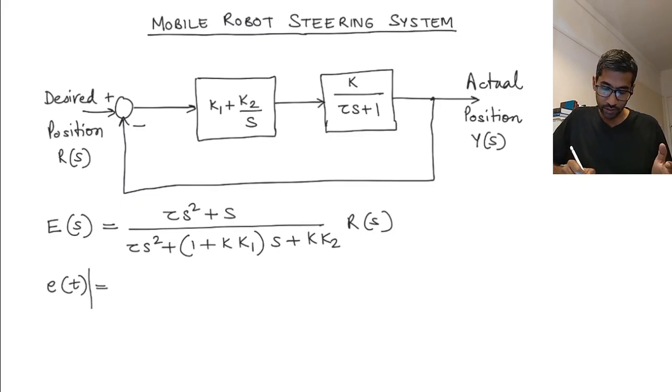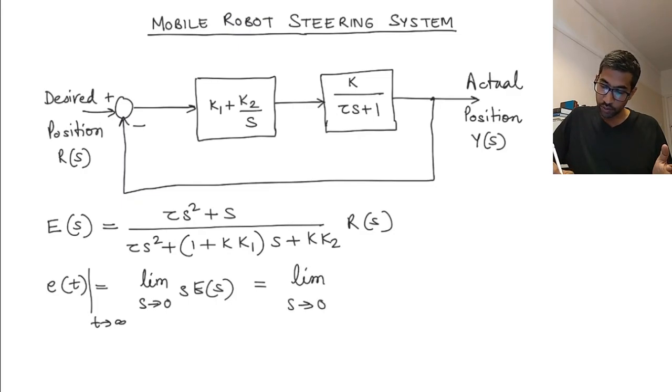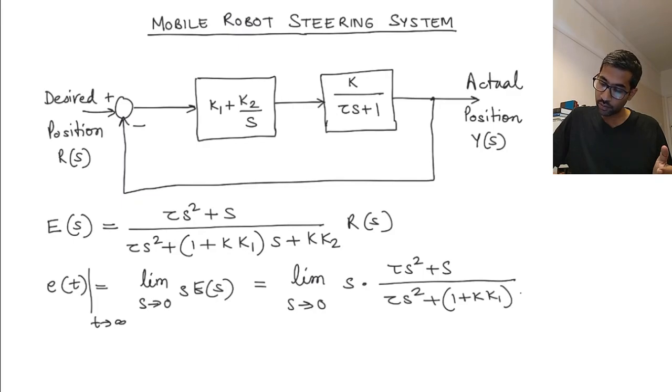That is equal to the limit as s tends to 0 of s times E(s), which is the limit as s tends to 0 of s times (tau s squared plus s) over (tau s squared plus 1 plus k1 s plus k2) times R(s).